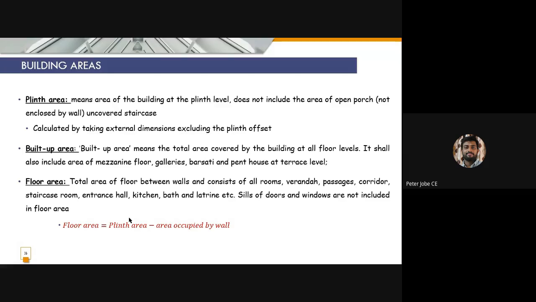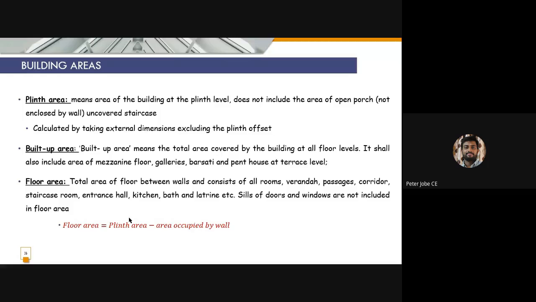That means we don't include the area of an open porch and uncovered staircases, those staircases provided from the outside of the building. You might have seen in many houses where staircases are provided from the outside to the terrace. The area occupied by those staircases won't be included under plinth area, and the area of the porch won't be included either.